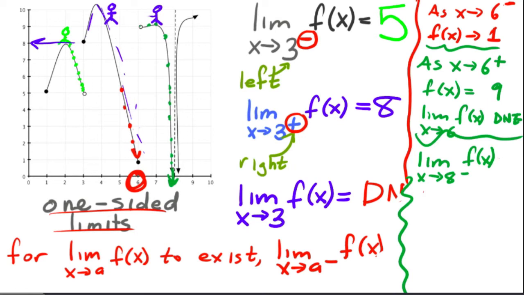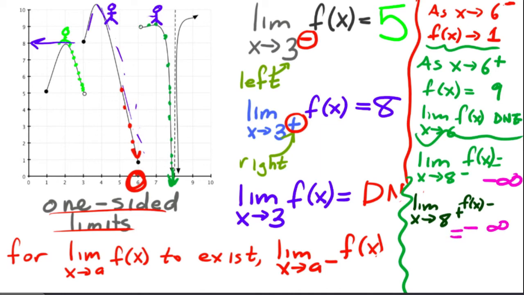And so what we say is this is going towards negative infinity. And then the limit as x approaches 8 from the right is also equal to negative infinity.